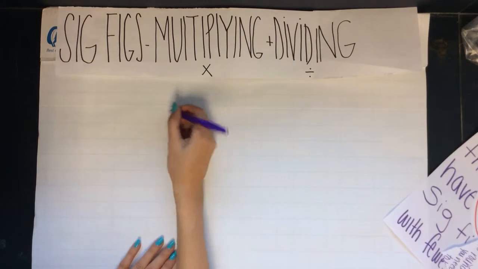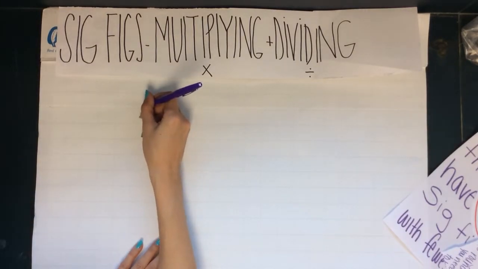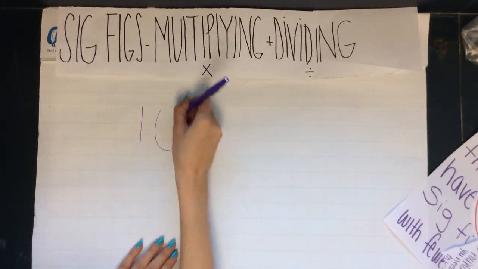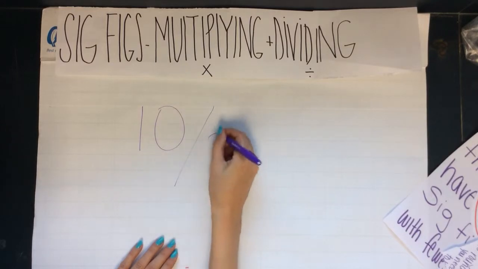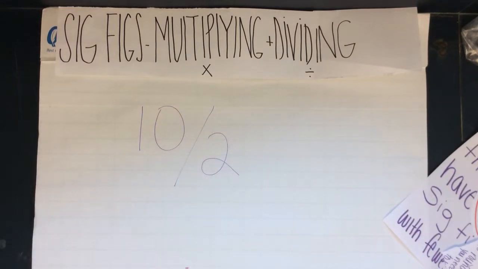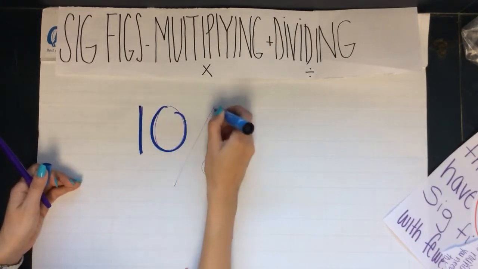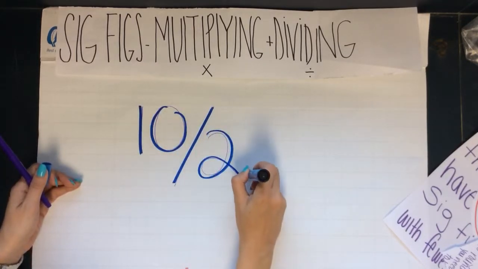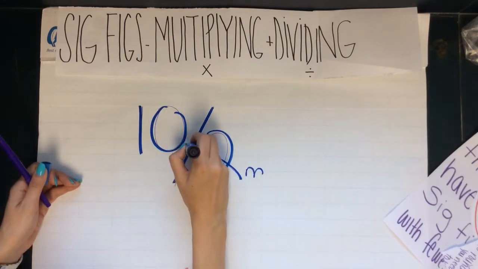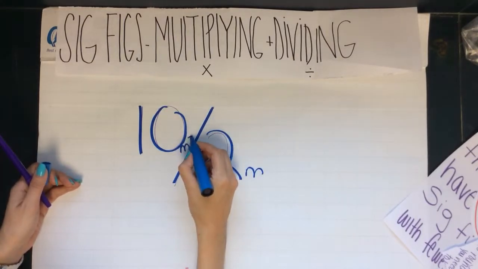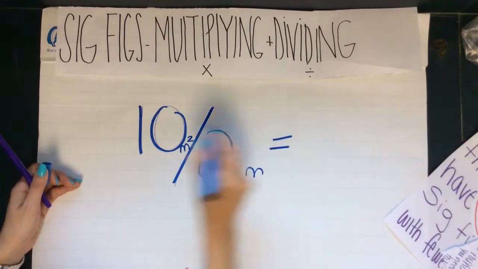Let's do a dividing one. We'll take it kind of easy. 10 divided by 2. Let me get myself a better marker here. 10 divided by 2, and let's make sure these are measurements, so I'll put some units: a meter squared over a meter.